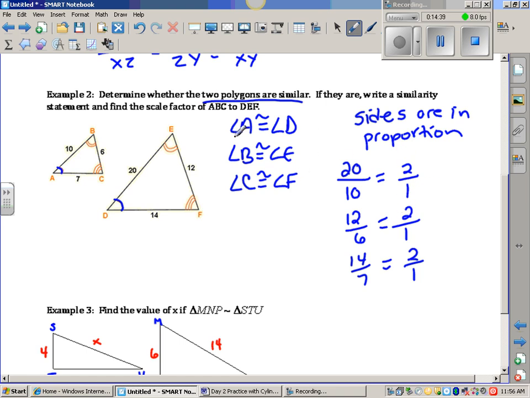Since my corresponding angles are congruent, this is definitely similar. So if we want to write our statement of proportionality, you just connect your side lengths. So we have DE was to AB, as EF was to BC, and DF was to AF.